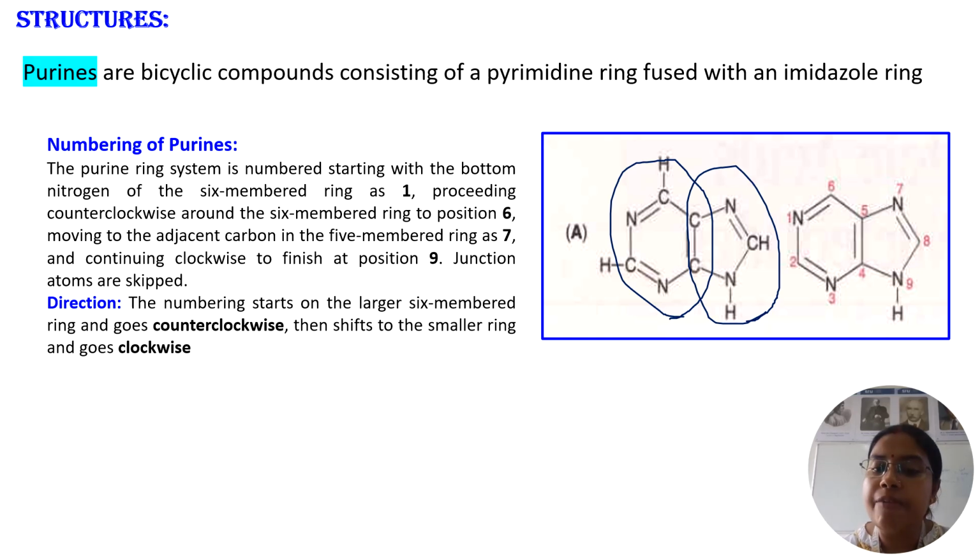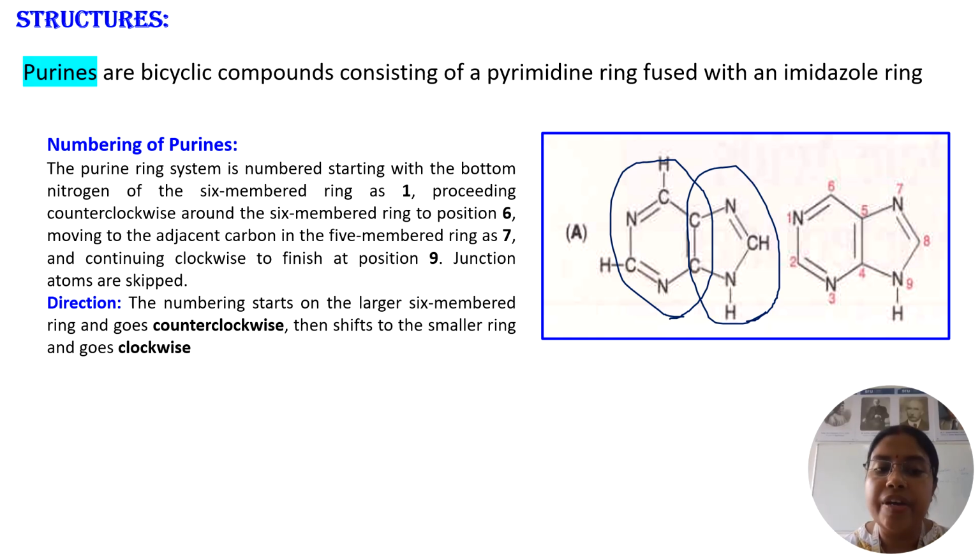How does the numbering of the purine work? The purine ring system is numbered starting with the bottom nitrogen of the 6-membered ring as 1 and proceeding counterclockwise around the 6-membered ring to position 6. So it is 1, 2, 3, 4, 5, 6.